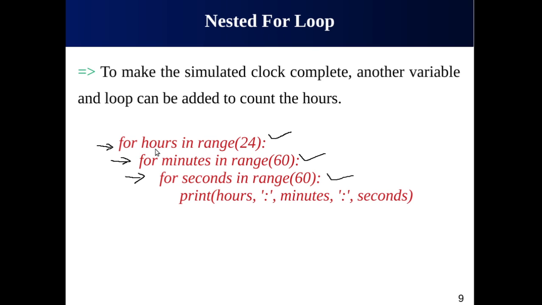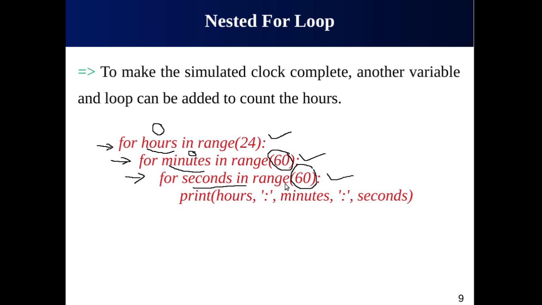What will happen here? For each value of hour starting from 0, the minute loop will be executed 60 times, and then for each value of minute starting from 0, the seconds loop will execute 60 times, which means that in every hour we have 60 minutes, and in every minute we have 60 seconds.